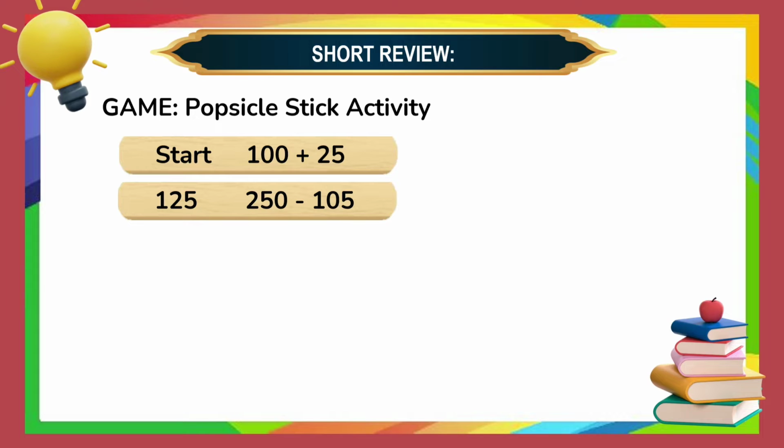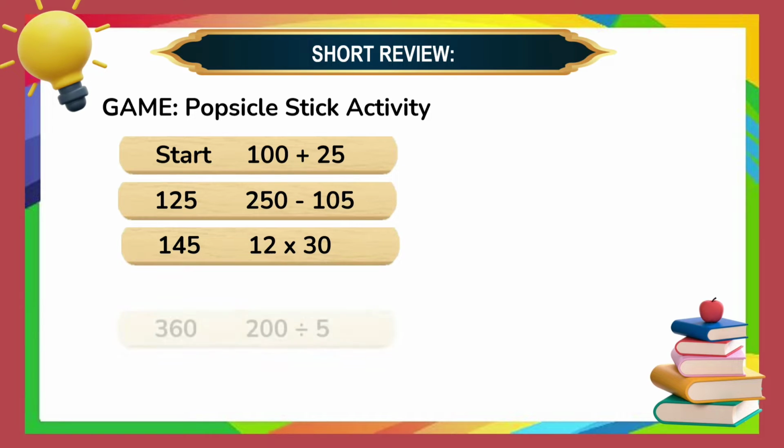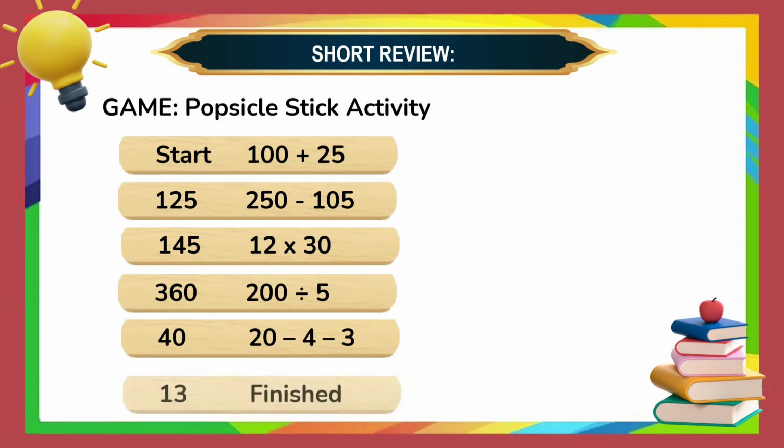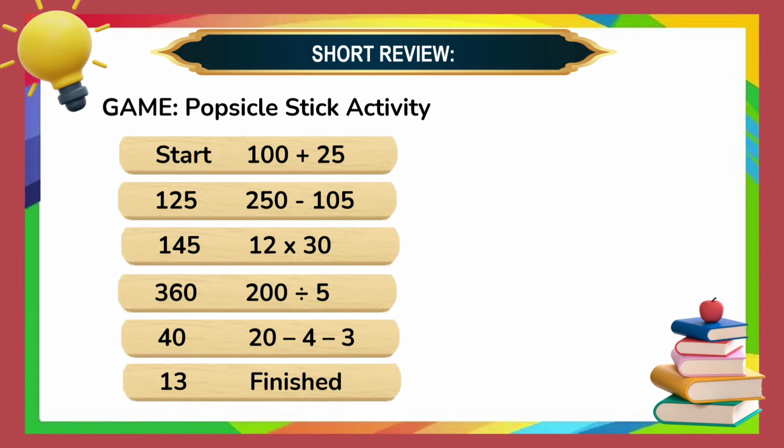So 250 minus 105, the answer is 145. Then 12 times 30, it is 360. Then 200 divided by 5, the answer is 40. And then 20 minus 4 minus 3, the answer is 13. Okay, so until the game is over.